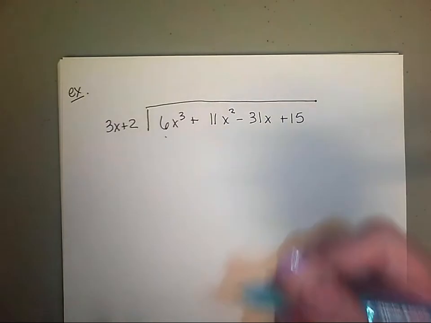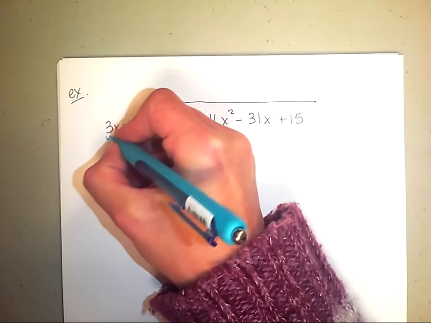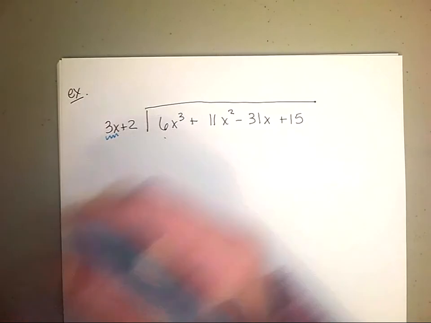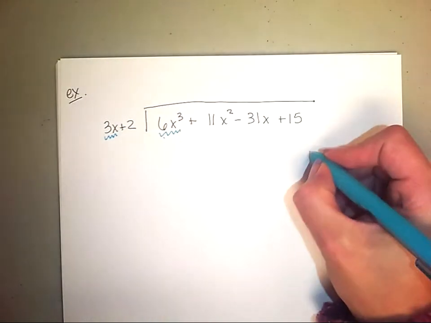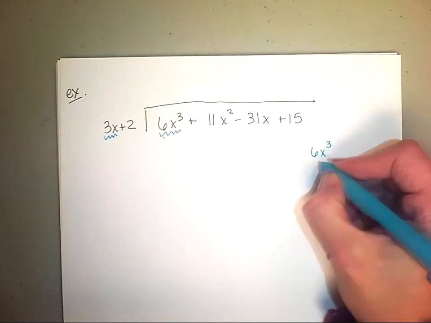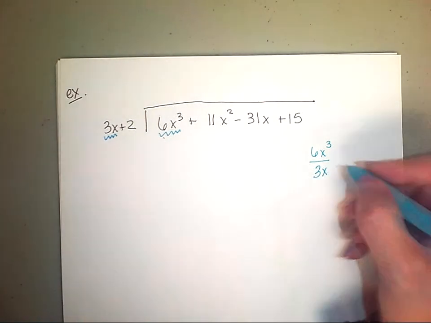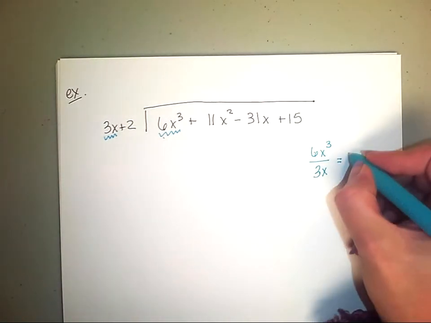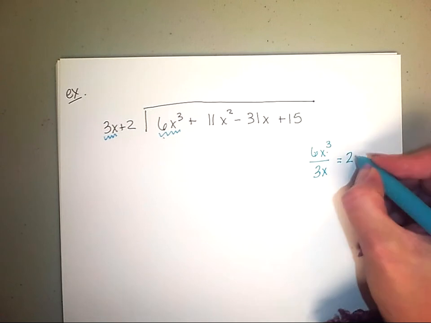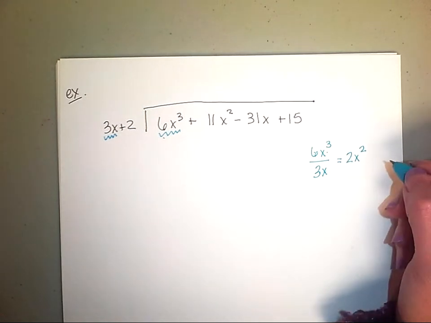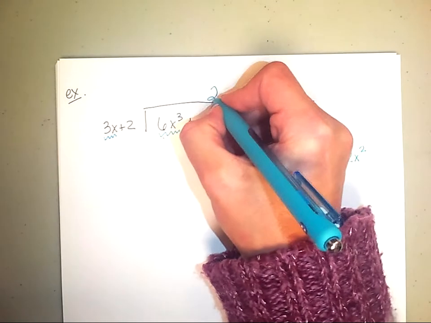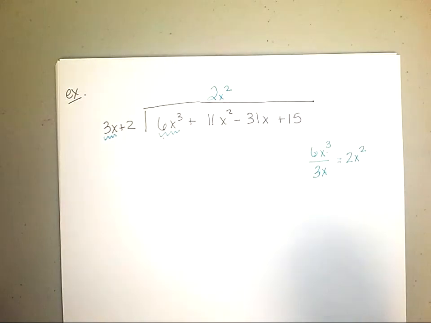Okay, let's start. So this time we're going to look at 3x and ask how many times that goes into 6x cubed. So that means we're reducing this. The coefficients reduce to 2, and x goes into x cubed x squared times. So that's what we write up top, 2x squared.